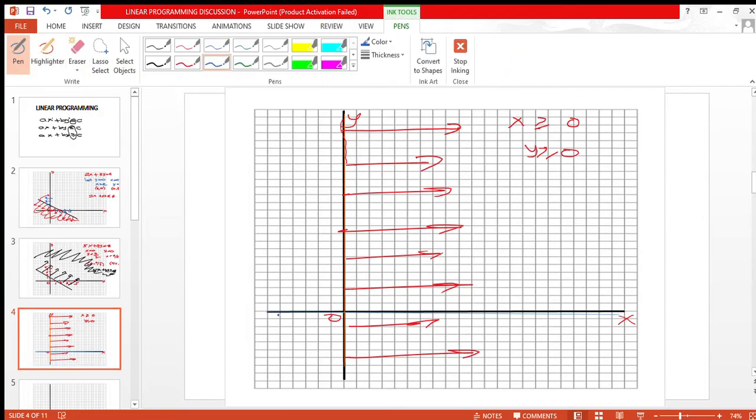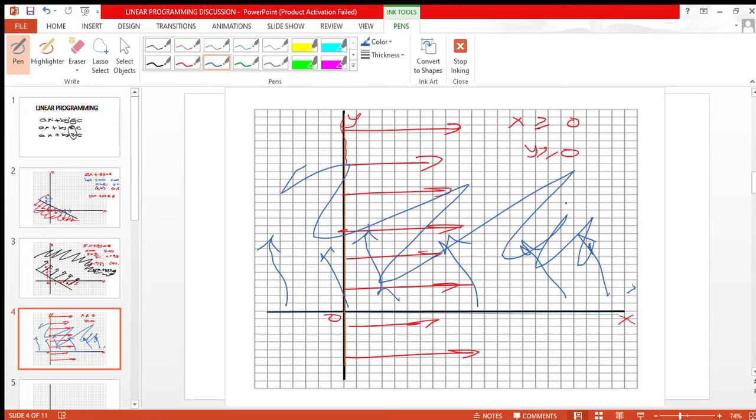So from the x-axis, we now consider the section above the x-axis. So this entire region here will now represent y greater or equal to 0. Okay, so that's for graphing our inequalities.